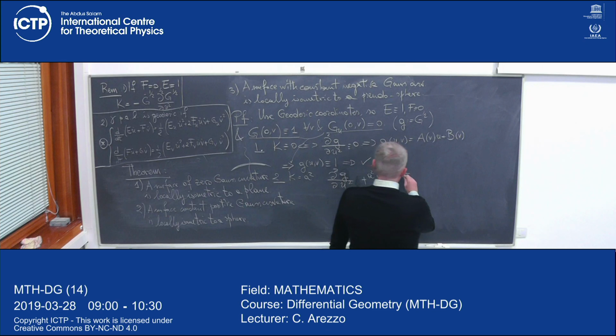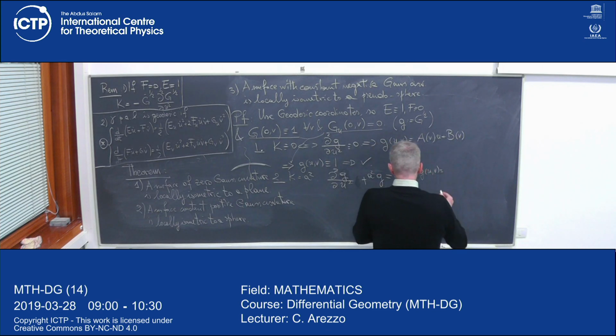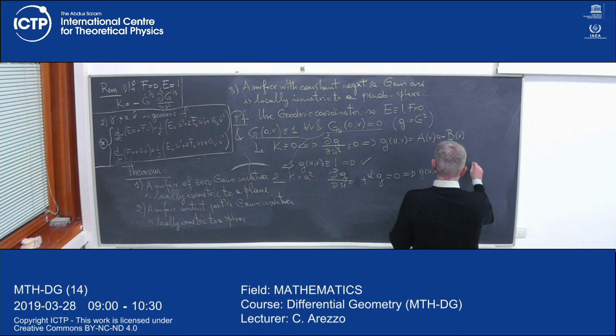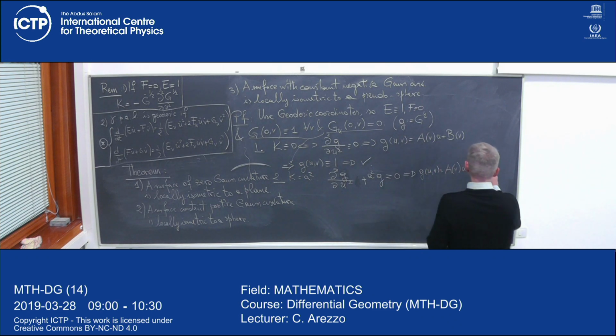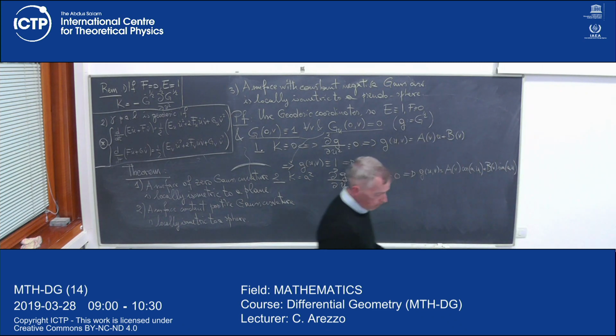So this implies again that g of uv is equal to a of v cos au, actually here I have to remember there is this a, plus b of v sine au.